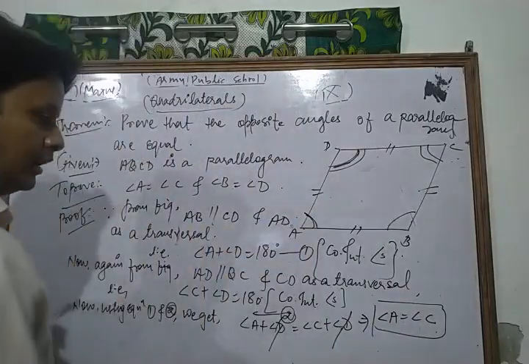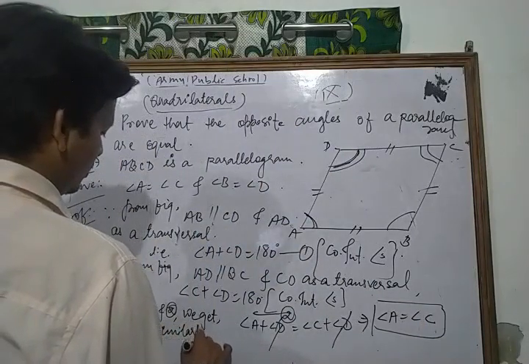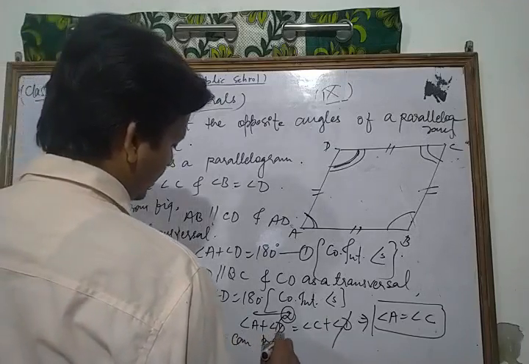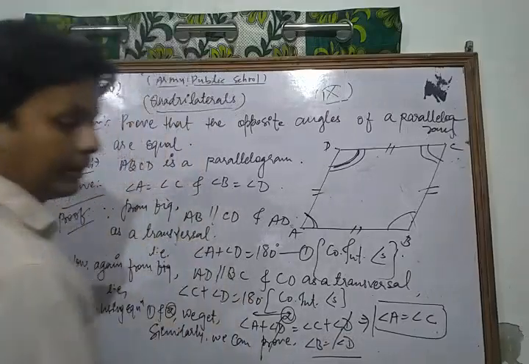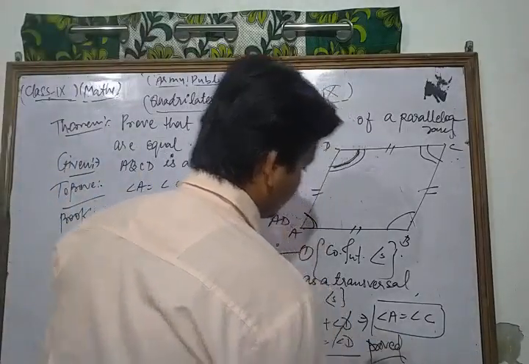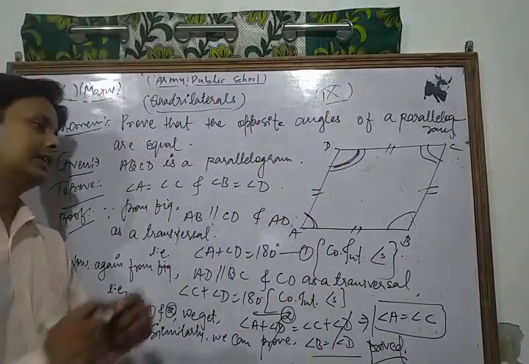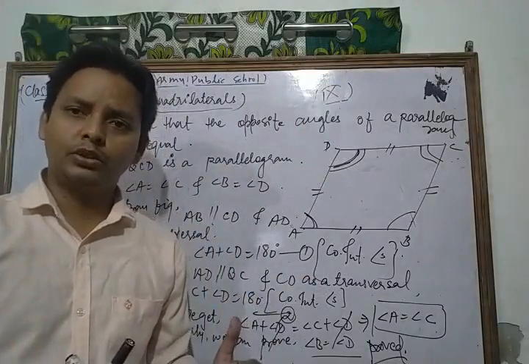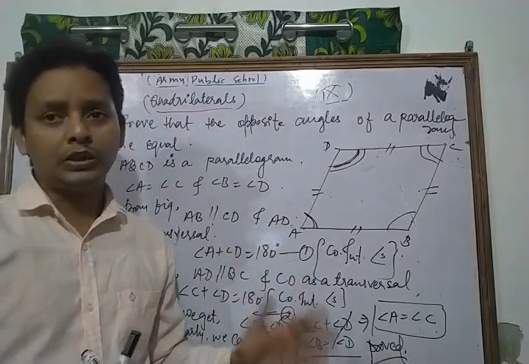Similarly, we can prove angle B is equal to angle D. Hence proved. Thus in this way, dear students, we can say that the opposite angles of a parallelogram are equal to each other.